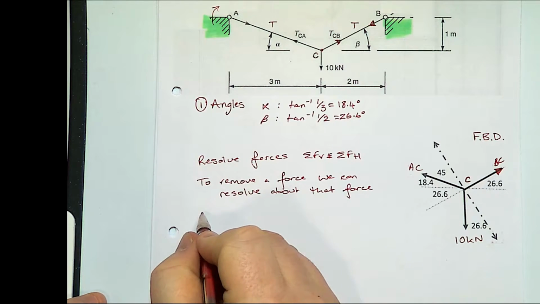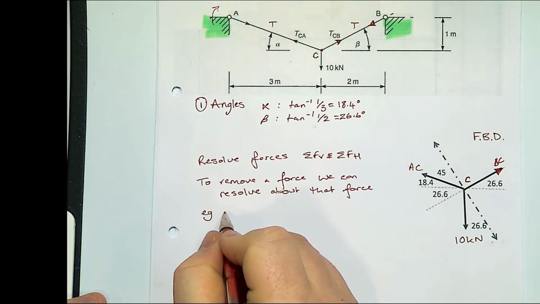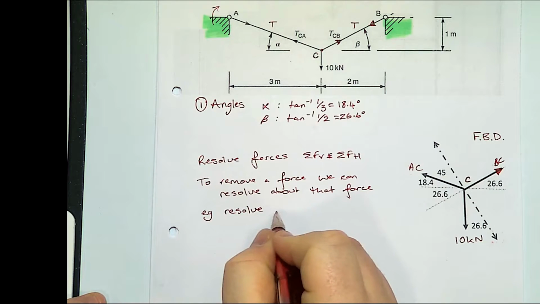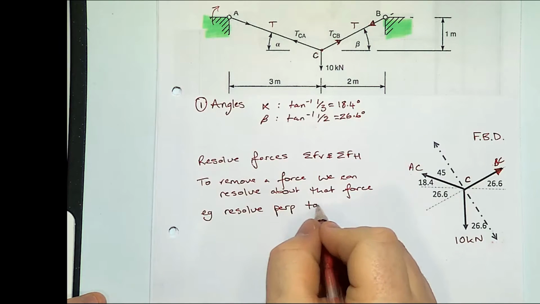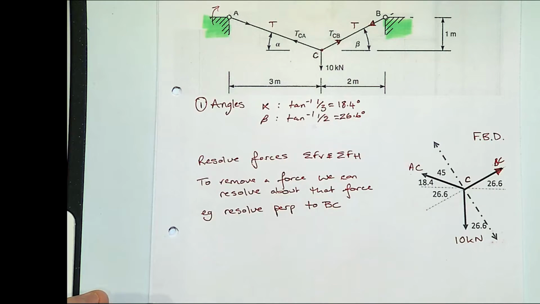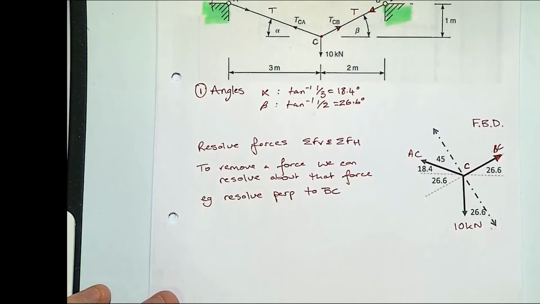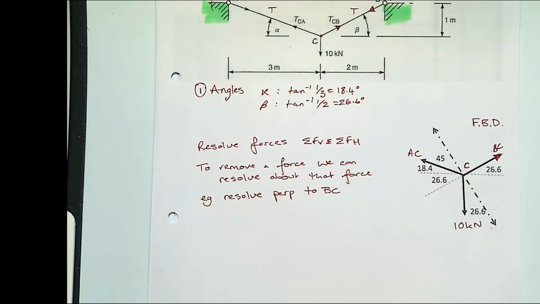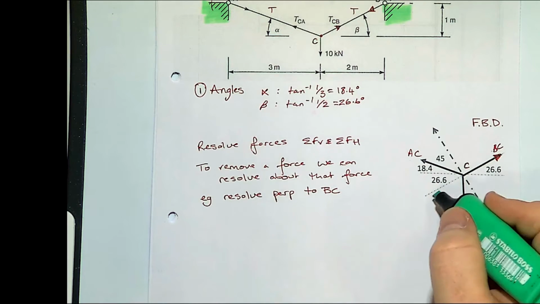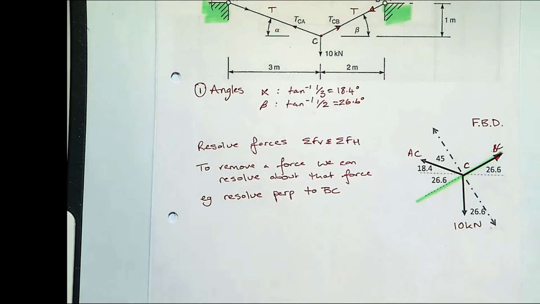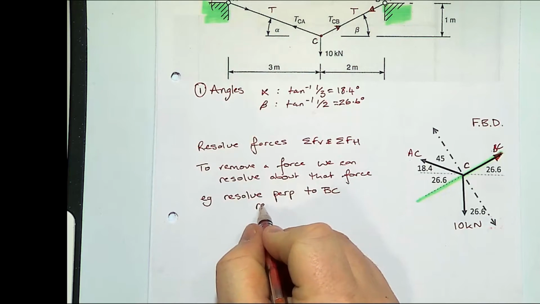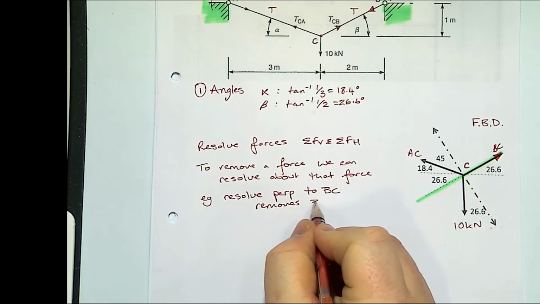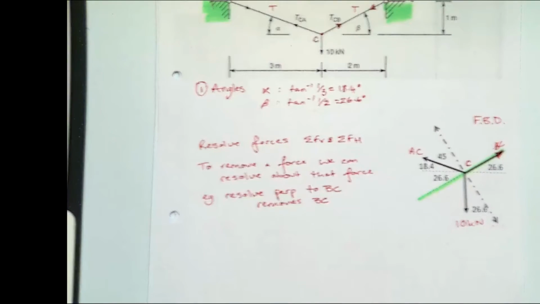For example, if we resolve perpendicular to BC, we will remove BC from the equation.